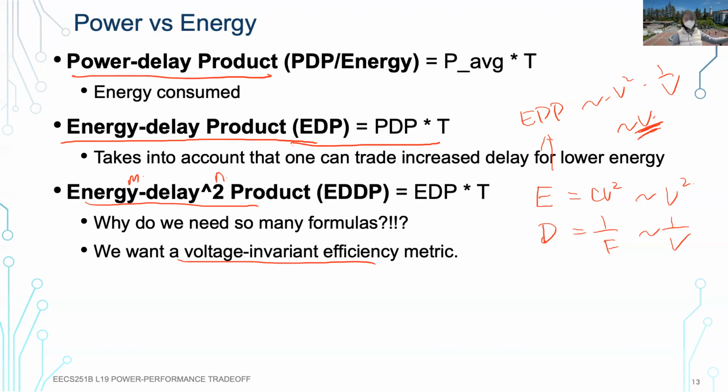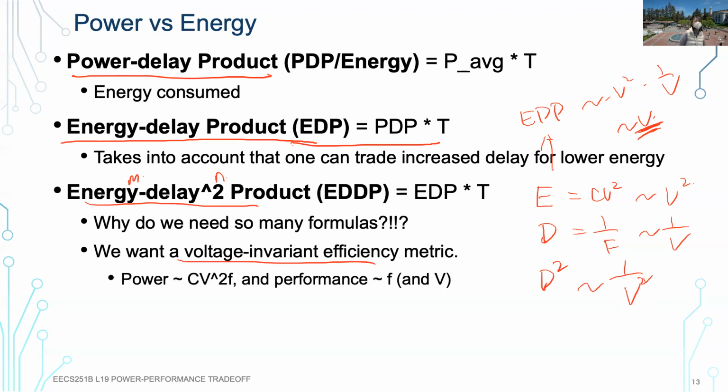That's why people propose energy delay squared. With delay squared, it becomes an inverse quadratic relationship with voltage. This is really just to get a voltage-invariant metric, so that we can focus on optimization, either at the microarchitecture or circuit level, that is independent of voltage, and get a better idea whether it's even worth doing the optimization.